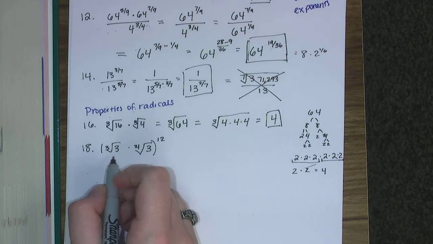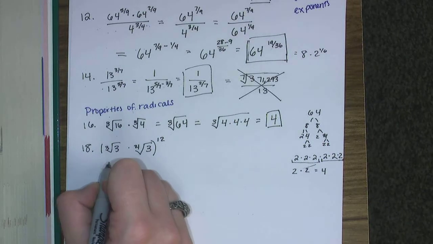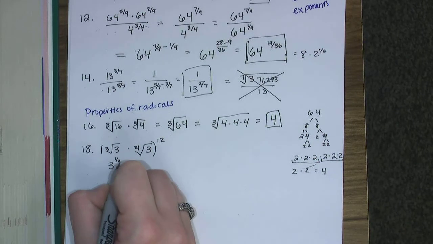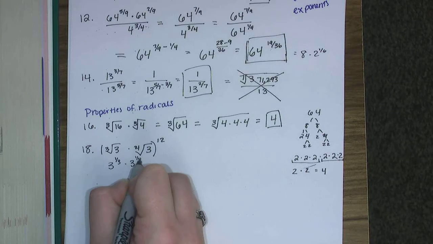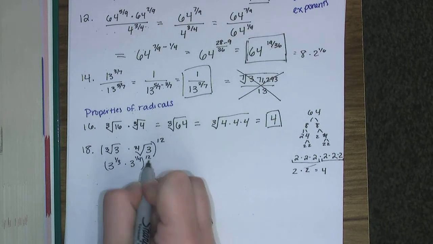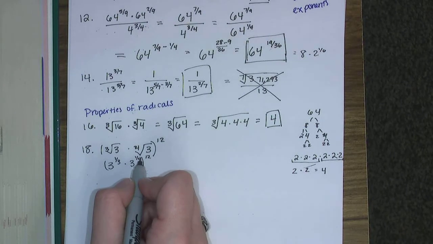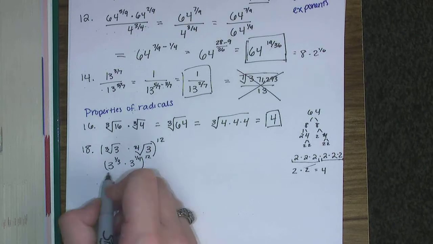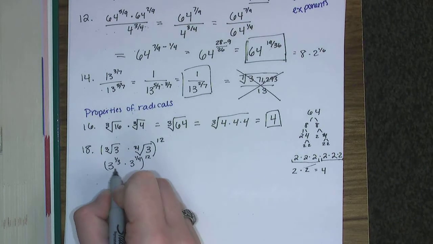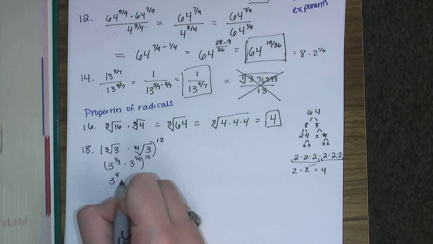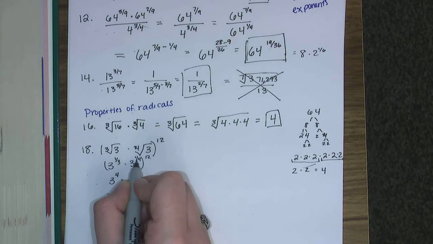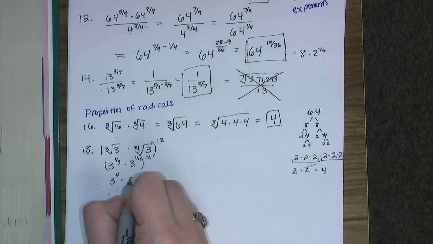Now I would multiply the 12 through both of those fractions in your exponents to give you 3 to the 12 over 3, which is 3 to the 4th, times 3 to the 12 over 4, which is 3 cubed. And then you end up with 3 to the 7th, because you just add them together.